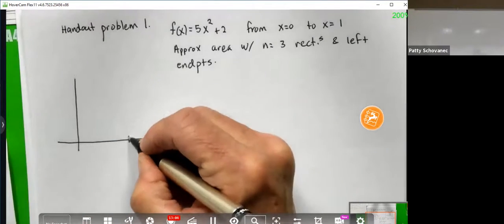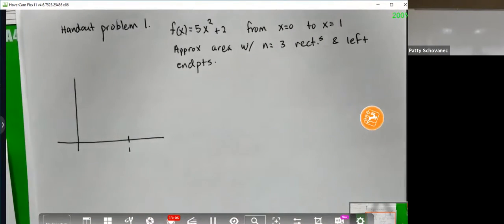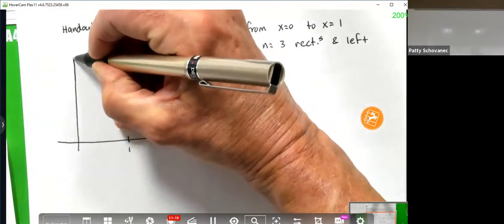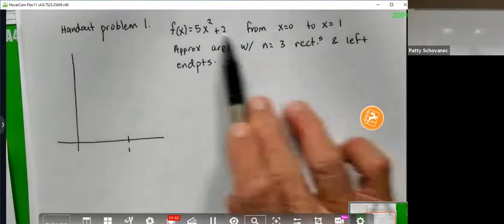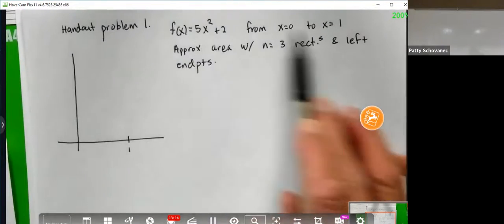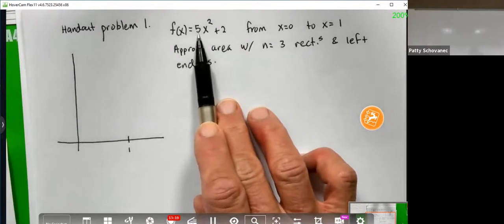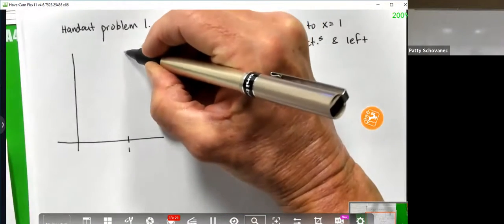So let's make this 1 unit long. My y-axis is going to have probably a different scale. When x is 0, y is 2. When x is 1, y is 7. So it's a parabola that opens up. Let's put the point 1, 7 here.